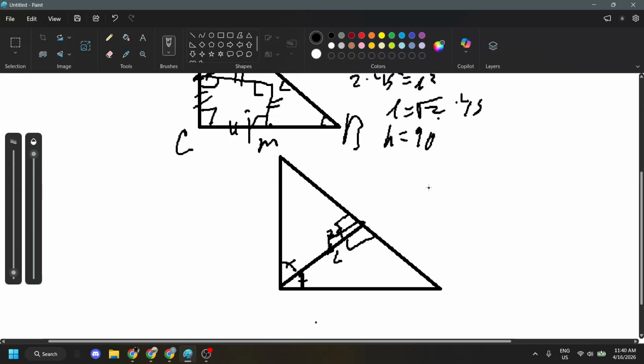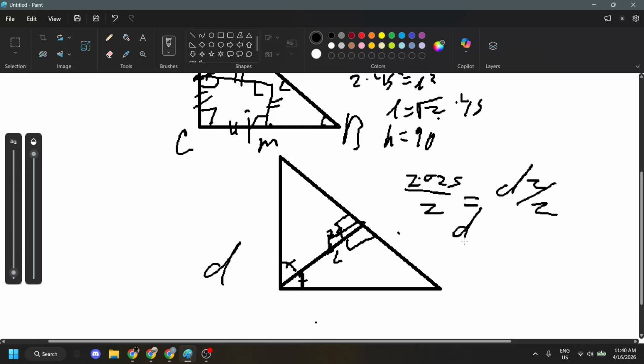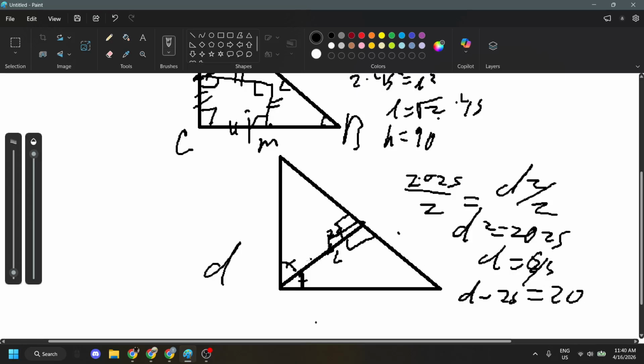So if we have half the area, so half of 2025, 2025 over 2 is going to be equal to, we're going to call this distance, distance squared over 2. Right, this thing times this thing over 2. So then that means that distance squared is equal to 2025. So distance is going to be equal to 45. So then that means that distance minus 25, 45 here, is equal to 20. So that 20 is this right here, 20.